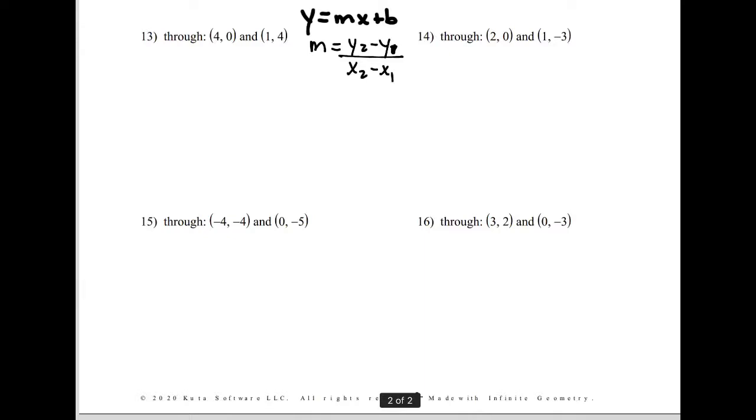Alright, so now, however you like getting the m, whether you like using the formula or whether you like finding the difference between the y's and the difference between the x's, go ahead and do that. You can put me on pause really quick, but I'm going to do the difference in the y's. So to get from 4 to 0, I have to go down 4 units.